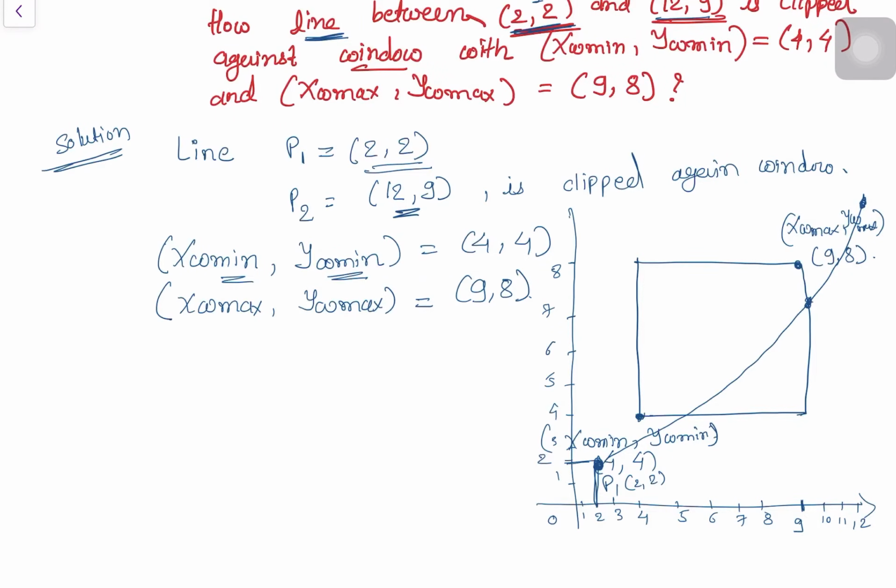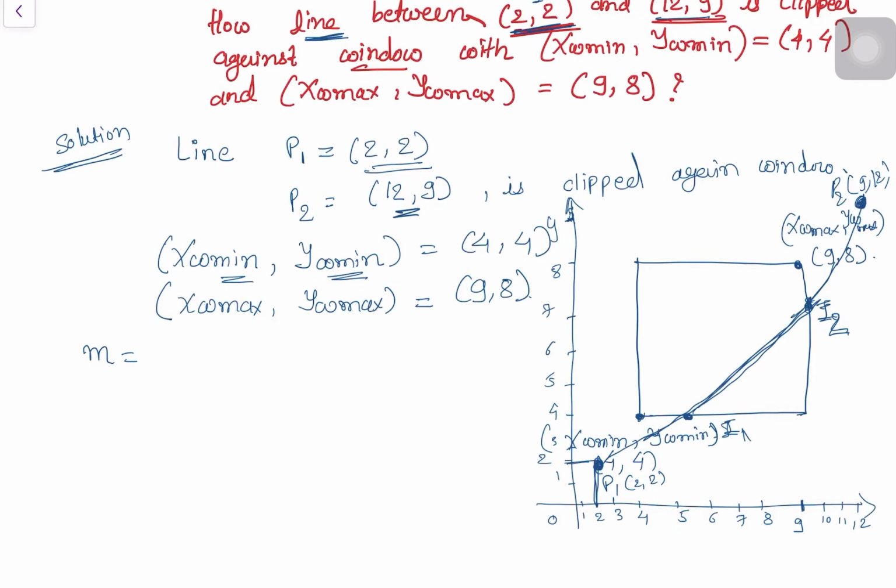This will be our point P2, 9 and 12, right? So which points we have to find, that is I1 and I2, that is intersection point 1 and intersection point 2, right? So let's find the slope equation, because for this clipping line we have to find the slope equation.